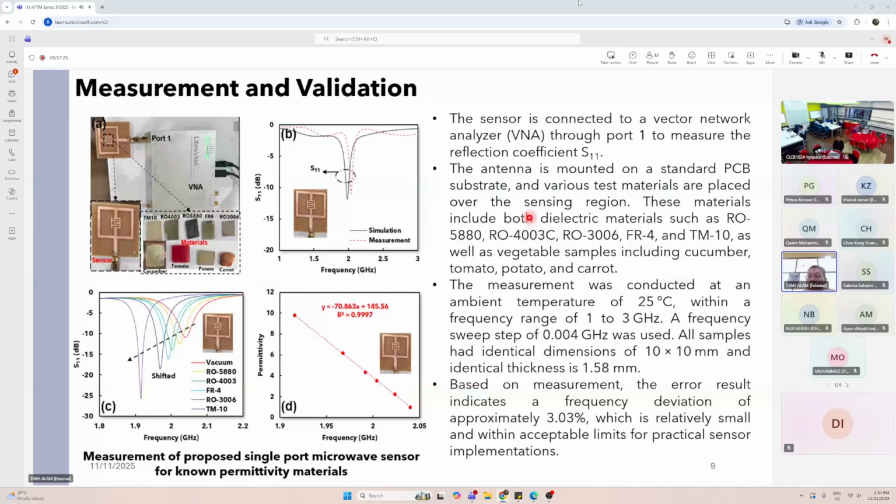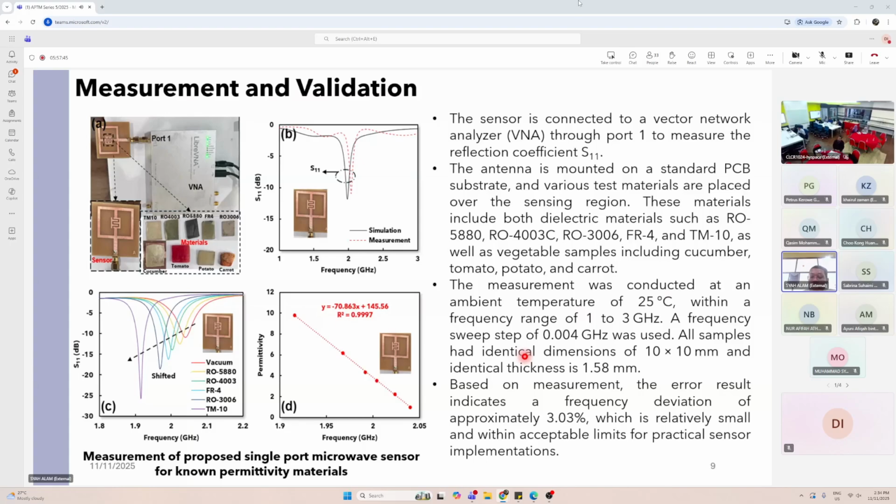Then the antenna is mounted on the standard PCB substrate. We use an FR4 substrate. And we can see in here that the materials we use to characterize are RO50, RO4003C, RO3006, FR4, and TM10. And for the vegetable samples, cucumber, tomato, potato, and carrot.